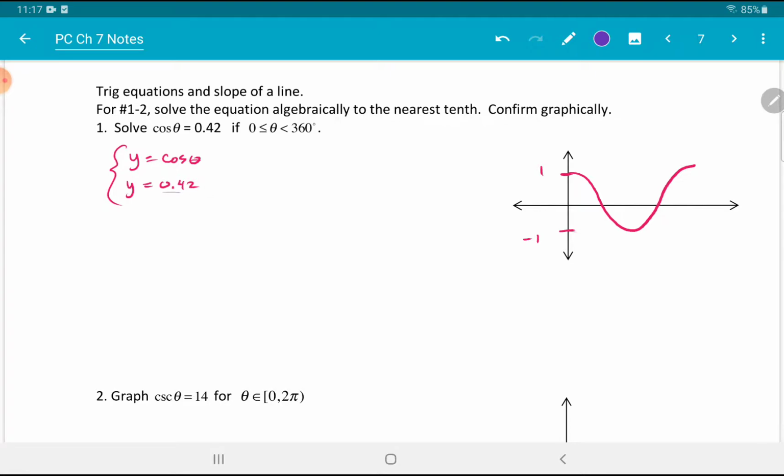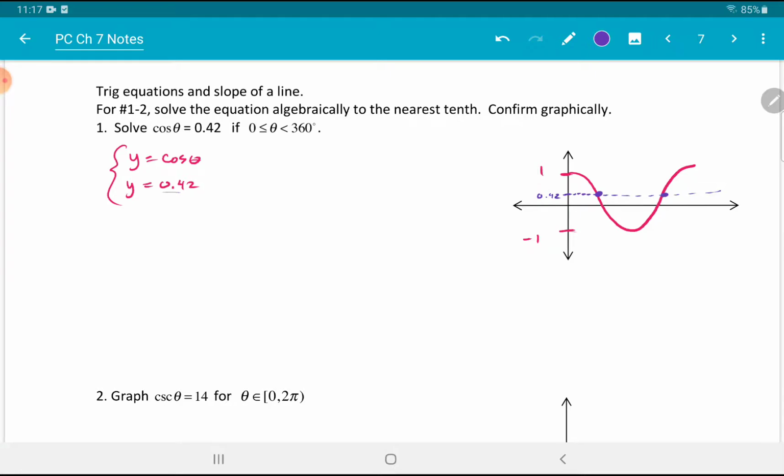It's just a constant number, and therefore that would just be a horizontal line. The value at 0.42, here's 0.42. And so we're just seeing when does that cosine graph intersect our horizontal line of 0.42. It intersects at those two locations there.